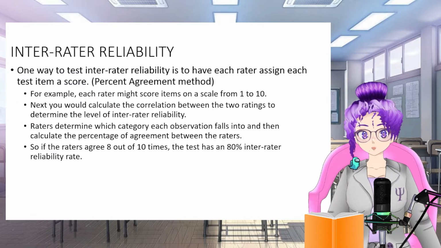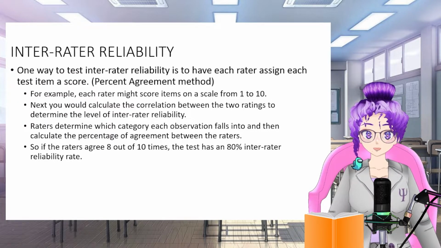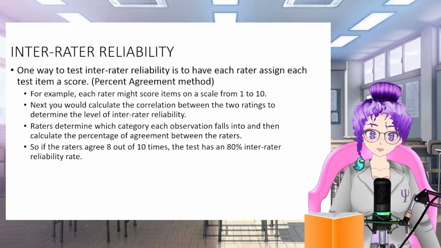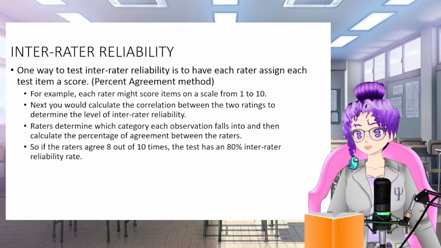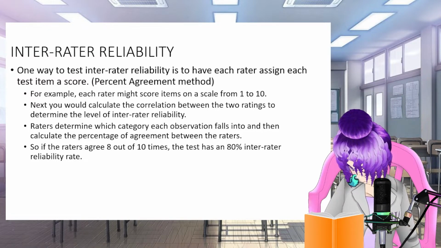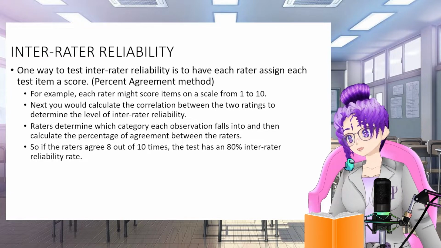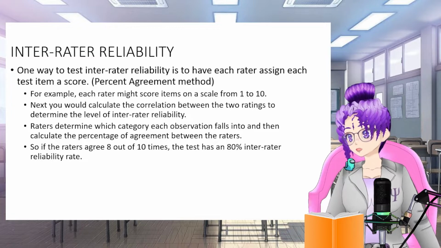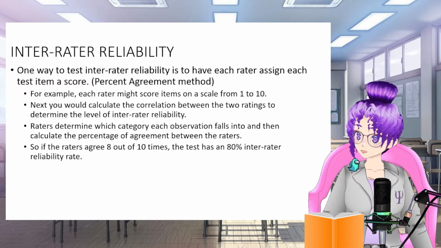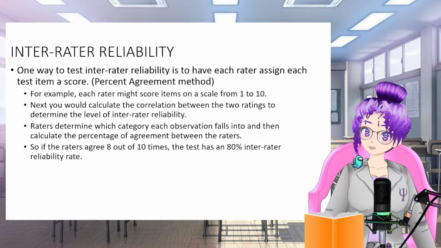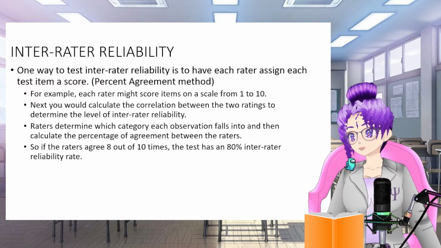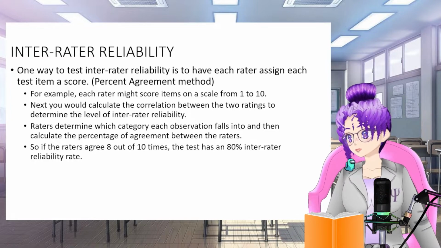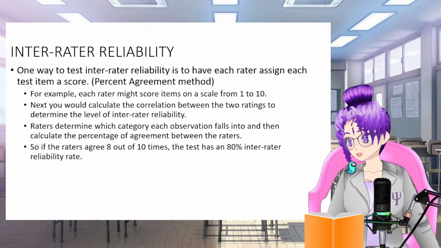One way to test inter-rater reliability is to have each rater assign each item on a test a score. This is also known as the percentage agreement method. For example, each rater might score items on a scale from 1 to 10. Next, you would calculate the correlation between the two ratings to determine the level of inter-rater reliability.